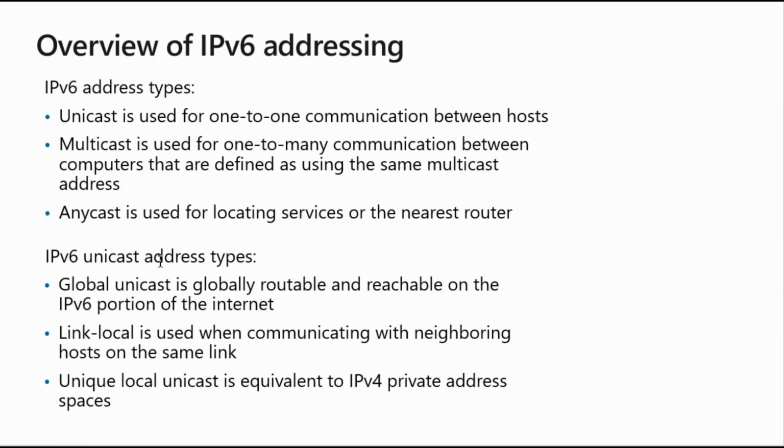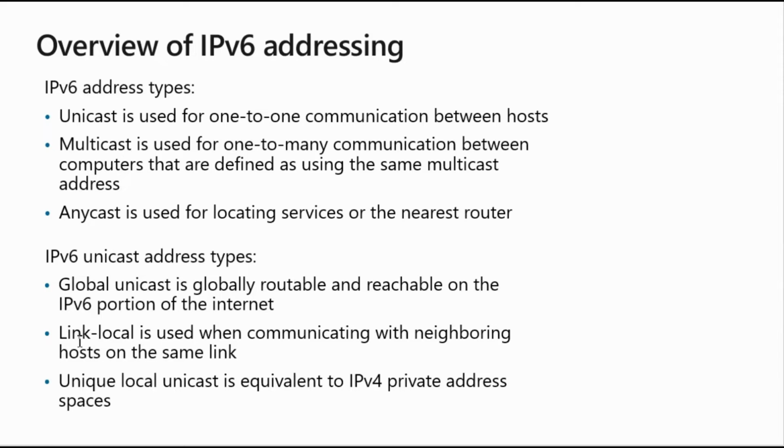And for IPv6 unicast addresses, we have global unicast. Global unicast is globally routable and reachable on the IPv6 portions of the internet. They are kind of like a public IP address in IPv4.